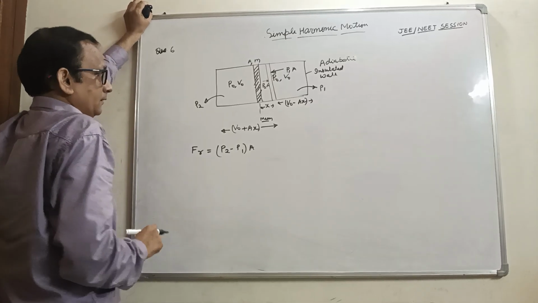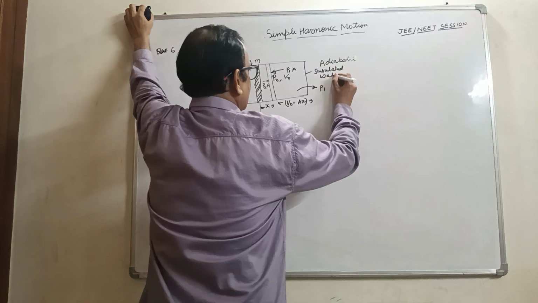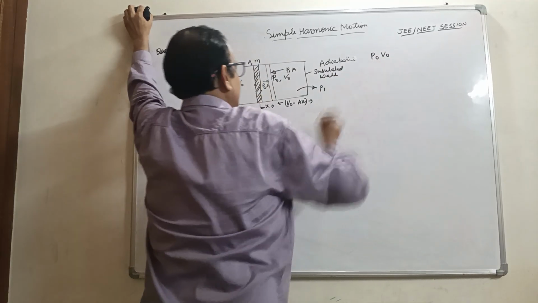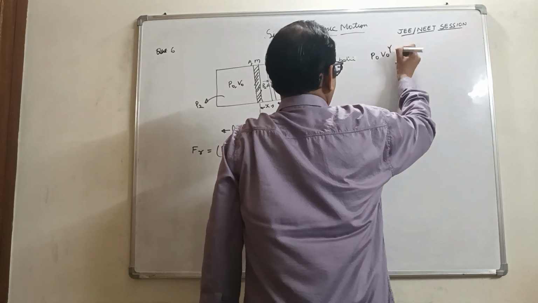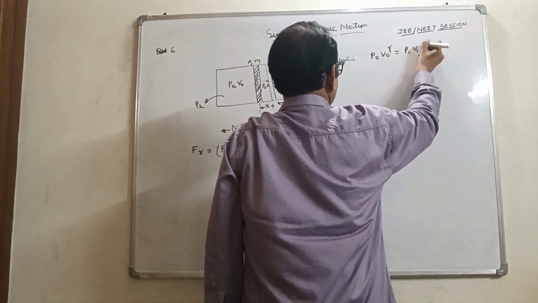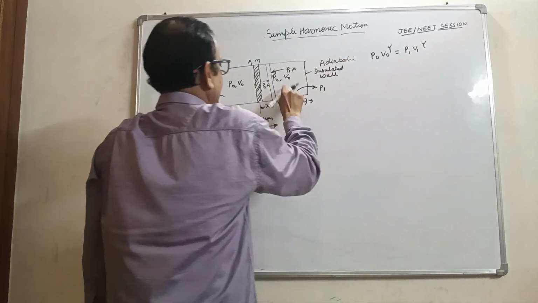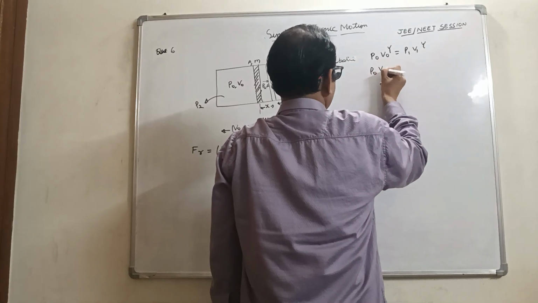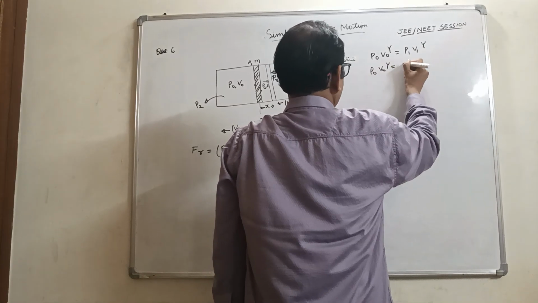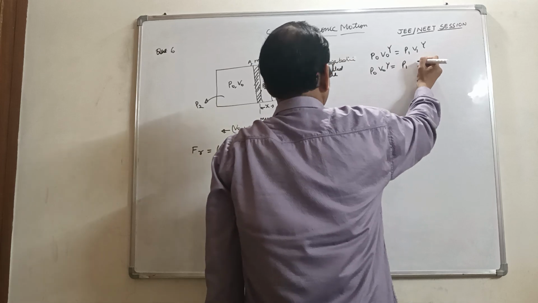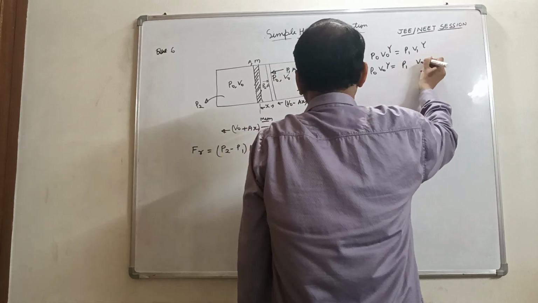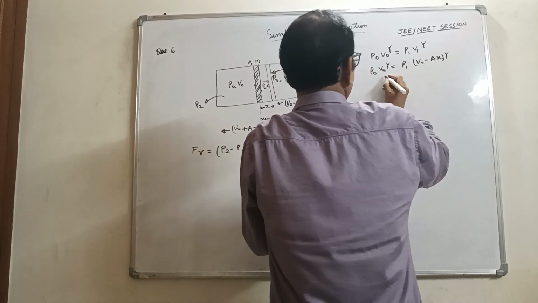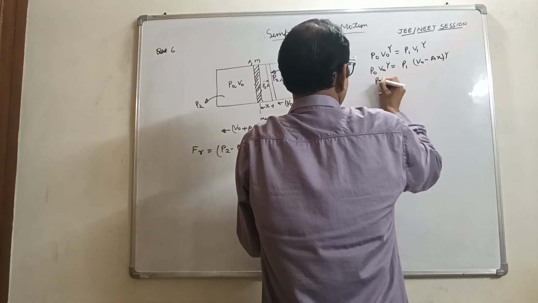So we know in an adiabatic process, P naught V naught is the initial condition of the system, and it equals P1 V1 raised to power gamma. We are calculating here for this position. So P naught V naught raised to power gamma equals P1, which we have to calculate, times V naught minus Ax raised to power gamma, divided by V naught raised to power gamma.